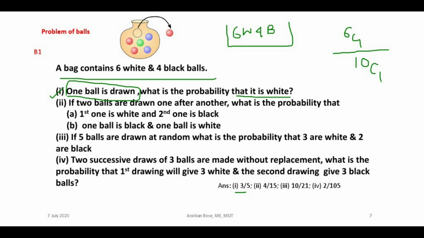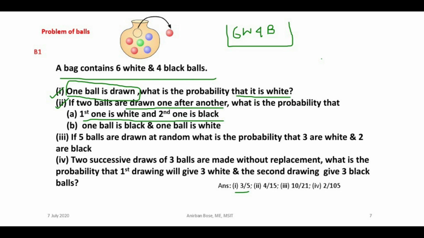Now coming to the second problem. If 2 balls are drawn one after another, what is the probability that the first one is white and the second one is black? Here from the event you get an idea of the order in which the balls are taken out.